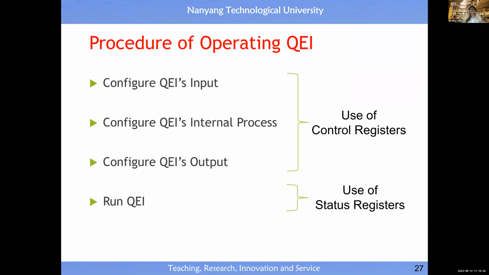So then as a user, once you are confident that this module is very useful for you to interface with the digital sensor for the measurement of velocity and position, then you just know how to use it, all right? So the procedure is the same: configure input, configure internal process, configure output, then run this module, that's it.